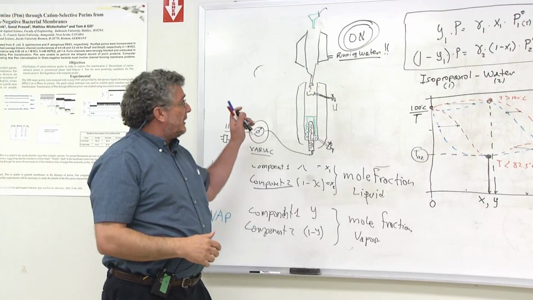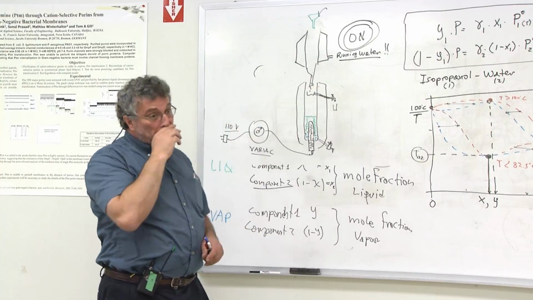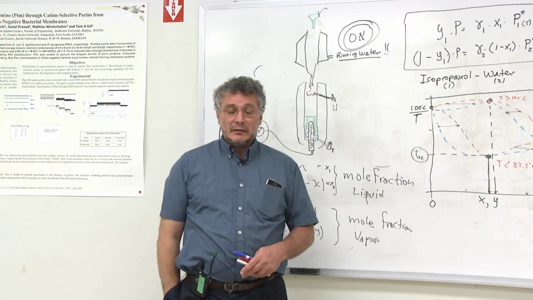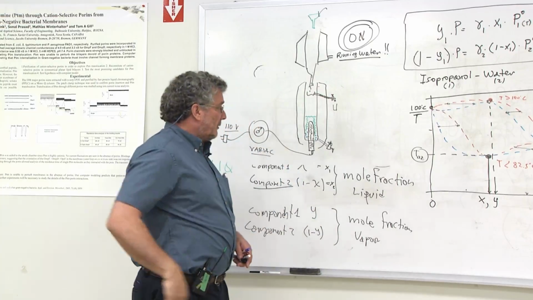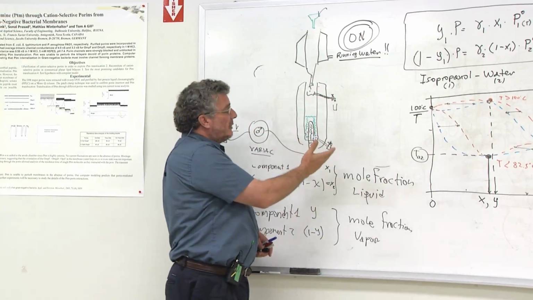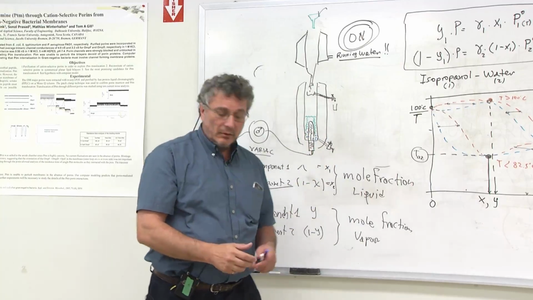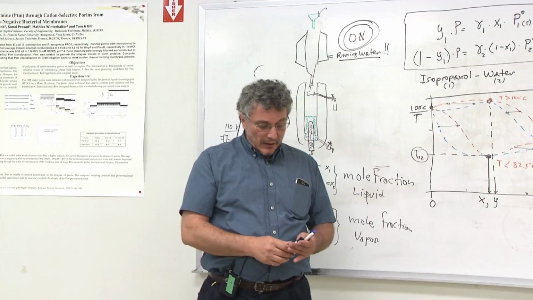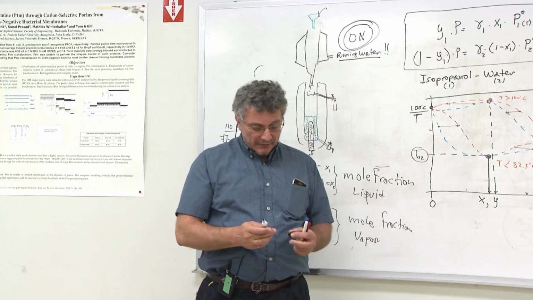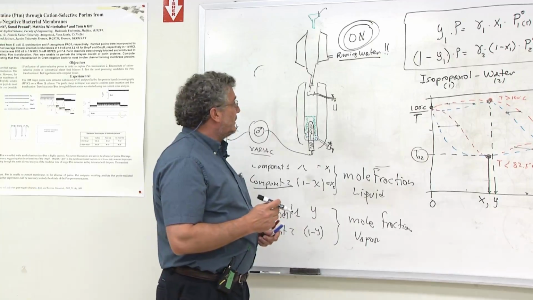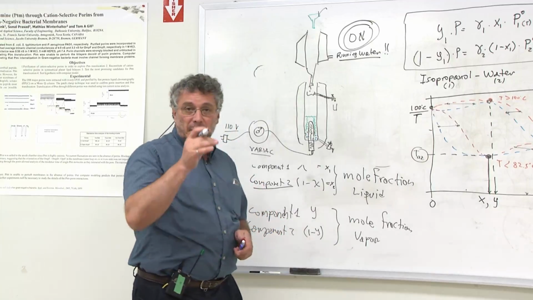The other part that you are going to do here has to do with the calibration of the refractometer. And that is done because we are going to use a refractometer to estimate the concentrations. And that refractometer is going to operate by placing a little drop.